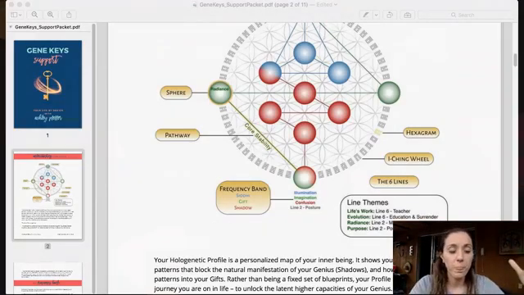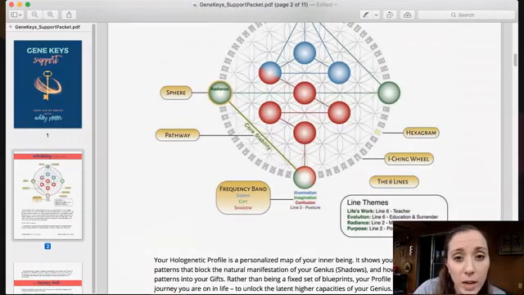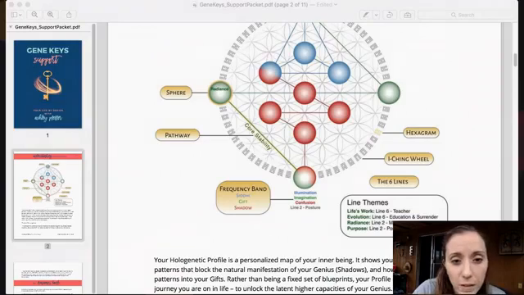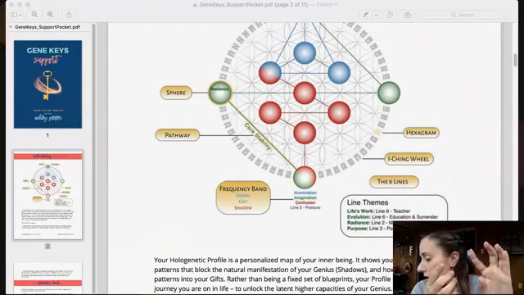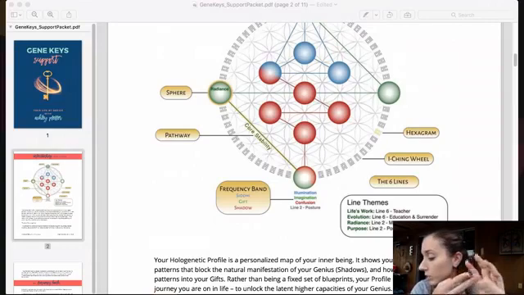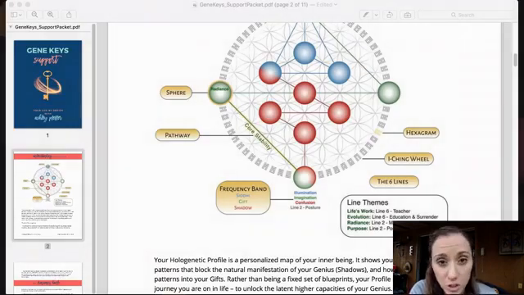Okay, so since we're about to move on to the next slide, I want to show you guys where you can find the lines. If you go in our group and you type in, the only lines that I have explained in our group are in the life's work, the evolution, the radiance, and the purpose. So I went through and explained all the different lines in the activation sequence.